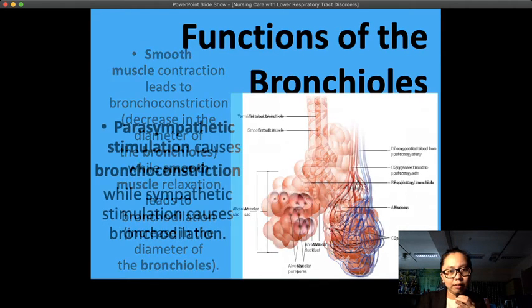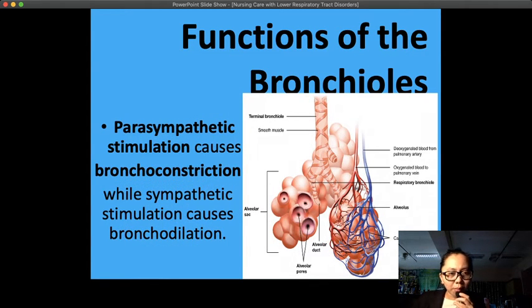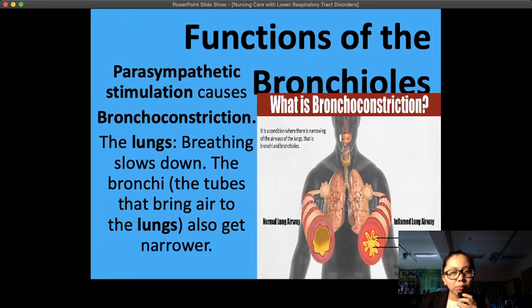All right, so you have to remember the parasympathetic stimulation. Parasympathetic stimulation causes bronchoconstriction, while sympathetic stimulation causes bronchodilation. Okay, so what do we mean by parasympathetic stimulation?